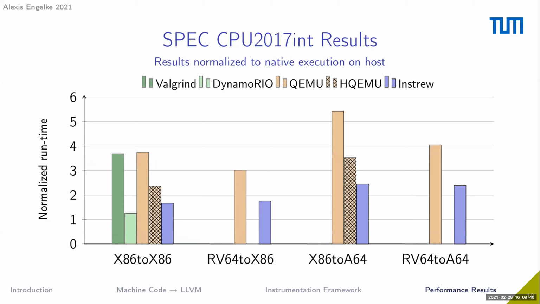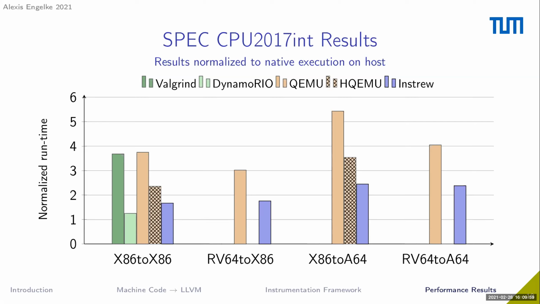What we see here is that Valgrind and QEMU are on average rather slow on the integer benchmarks, with a slowdown ranging from 3x to 5.5x.